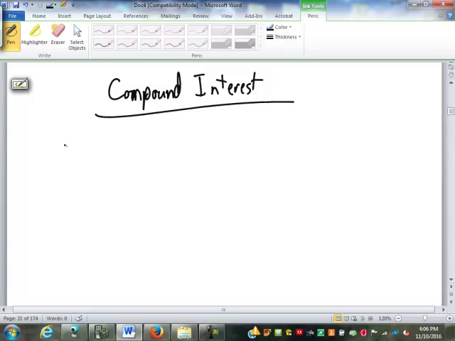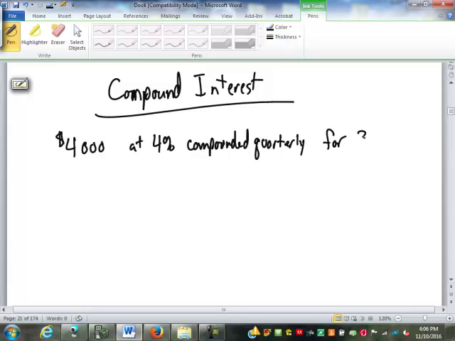That's where the word compounding comes from. So let's look at that first example of $4,000 at 4%. But this time I'm going to say compounded quarterly for 3 years.